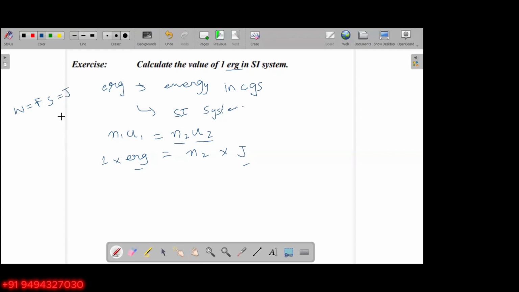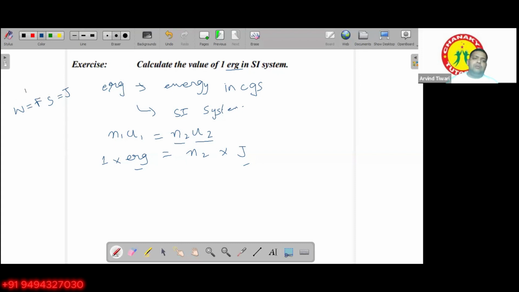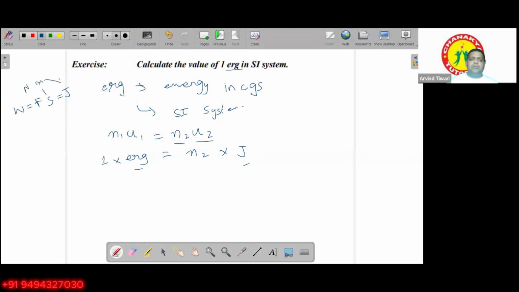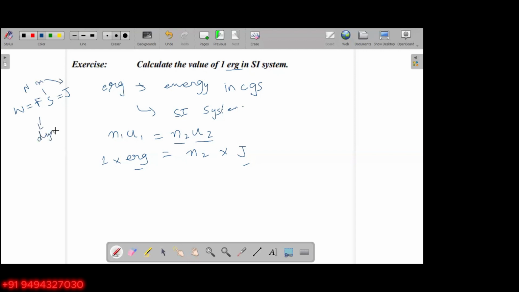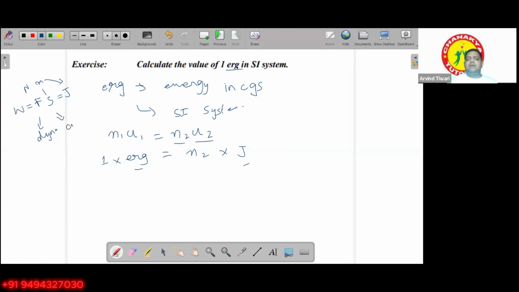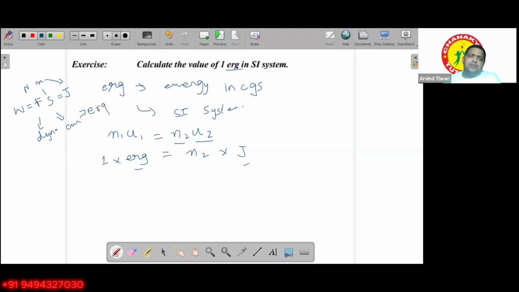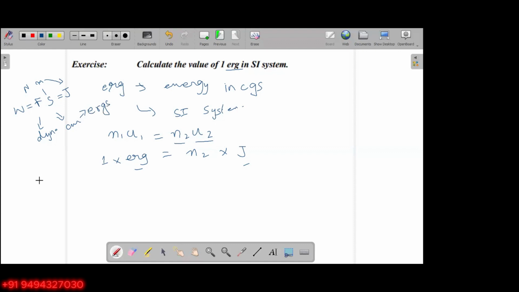If force is measured in Newton and distance in meter, this will be equal to joule. If force is measured in dyne and distance in centimeter, then what would be the unit? Erg. The unit would be equal to erg, right?